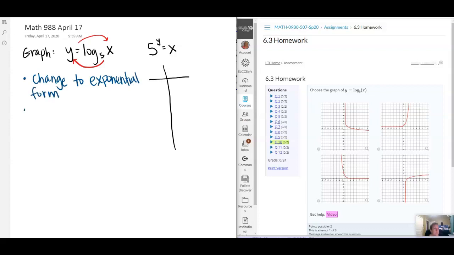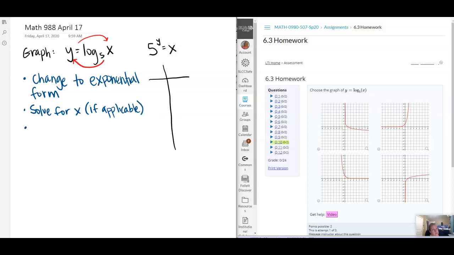Then you're going to pick y's instead of x's. Sometimes you're going to have to take a step here to solve for x, if x isn't already by itself, if applicable, because on this one, we don't have to do that. x is already by itself.